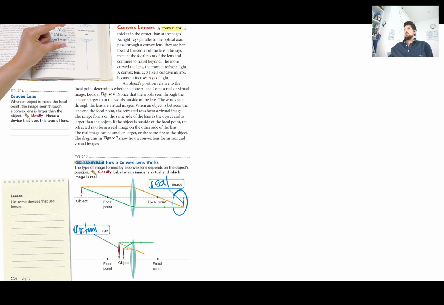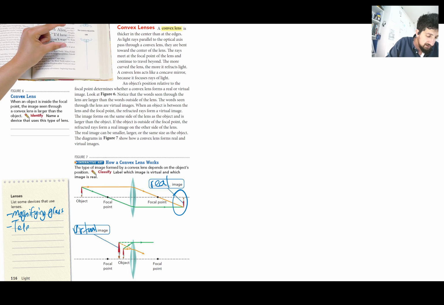Then we were asked afterwards to list some uses for a convex lens. The most obvious one I can think of, the one we have in the lab, is the magnifying glass. We also have, what else do we have? We have telescopes.